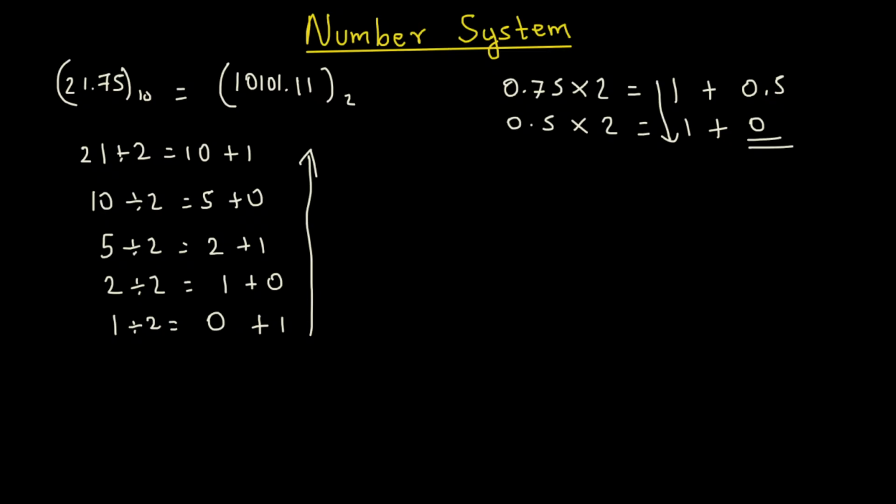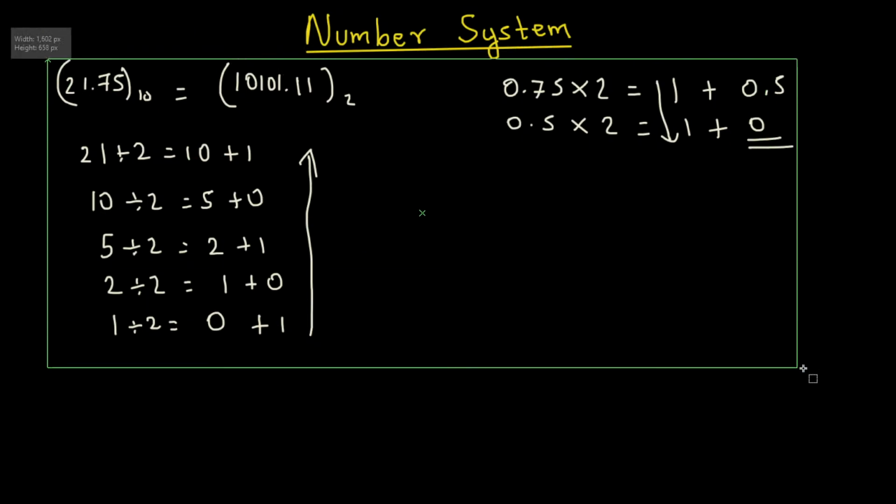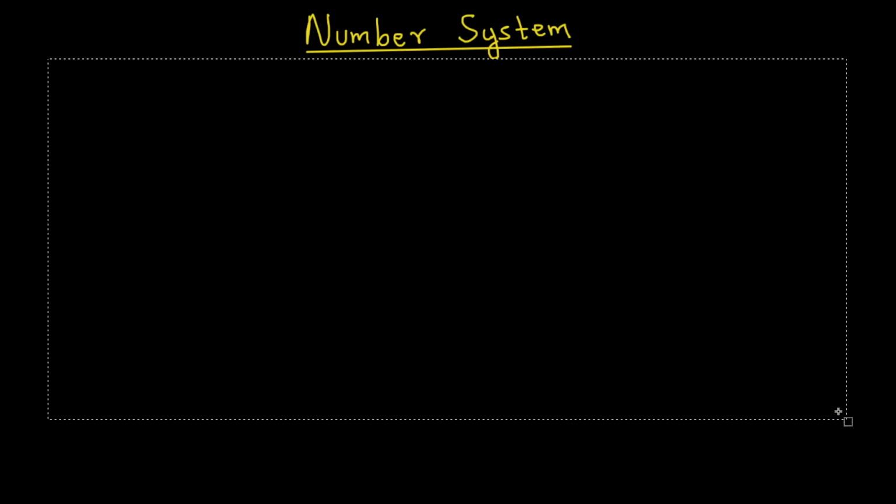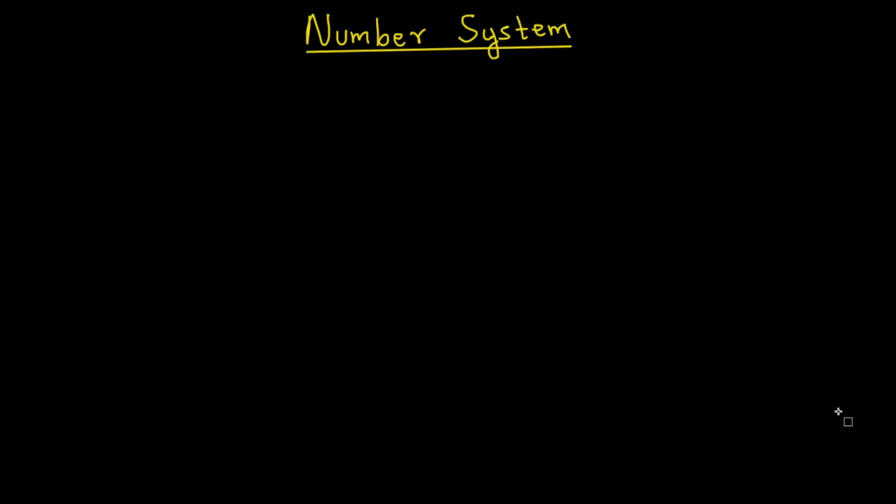Okay, now let's look at another example. Let's say we have a number like 6.28 and the base is 10. We want to convert this one into binary.